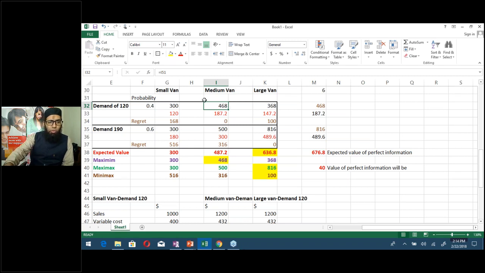And if I knew with 100% certainty that the demand will be 190, then I would have chosen the large one with the profit of 816.